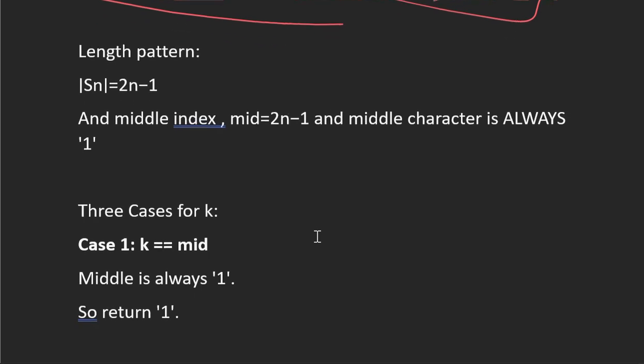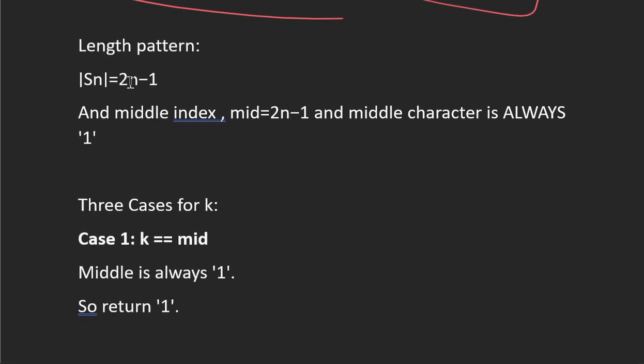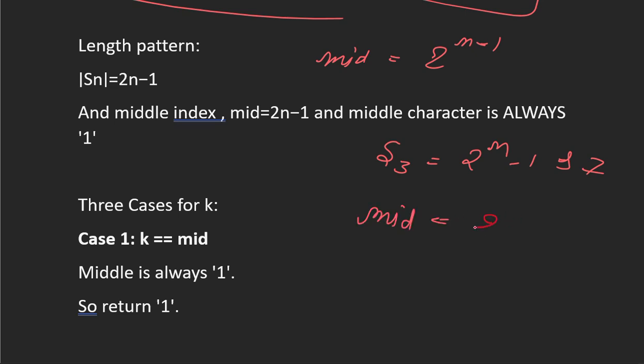Also, if you look at length patterns, the length of Sn is 2^n minus 1, and the middle index mid is 2^(n-1). Suppose in S3 the length is 2^n minus 1, that is 7, and the middle index is 2^(n-1), that is the fourth element, right?